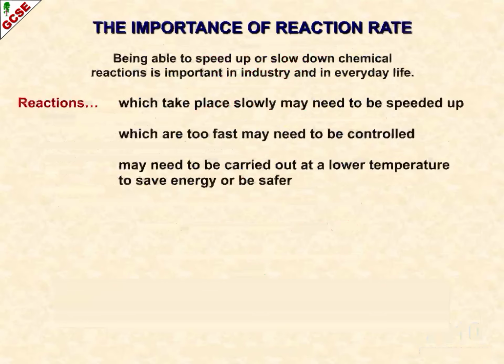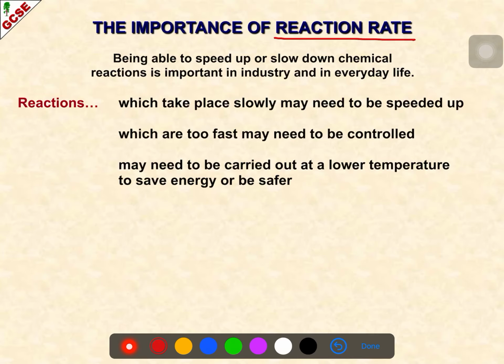So why are we learning the rates of reaction? What is the importance of this? Say, for example, you want to speed up a chemical reaction. How are you going to do that? Your knowledge of the rate of reaction will give you an idea. If a reaction is very slow, what are you going to do to speed it up?